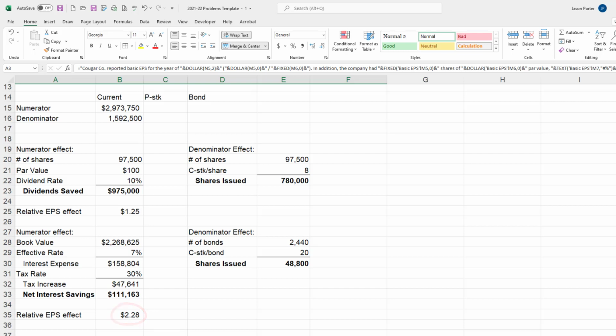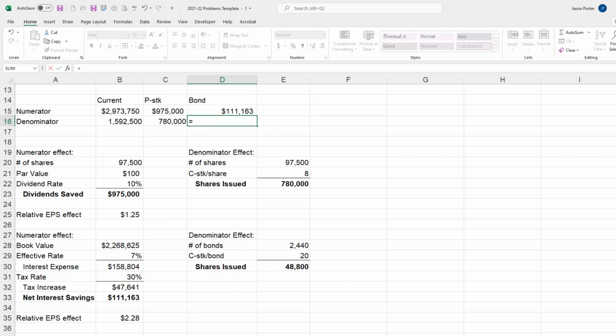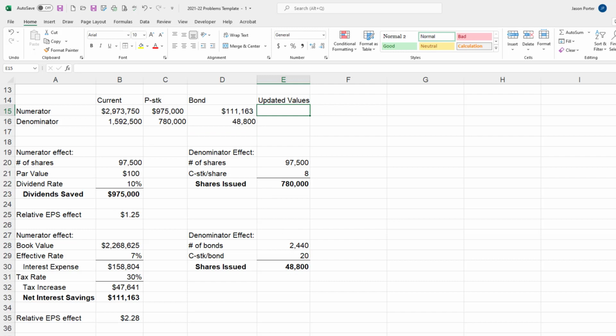It's anti-dilutive. Let me show you that. Let's link these in. So preferred stock is 975. Shares issued is 780. Bond is 111,163. And the shares issued 48.8. My updated values, you can use a sum too if you'd prefer.